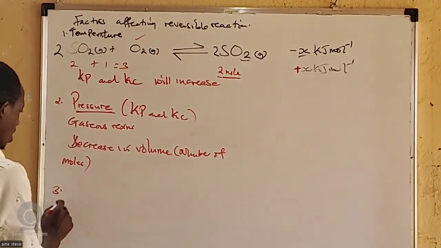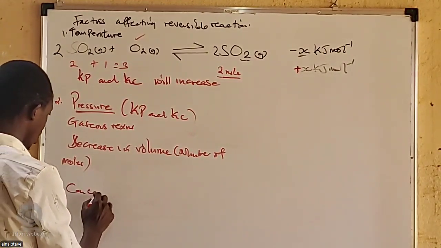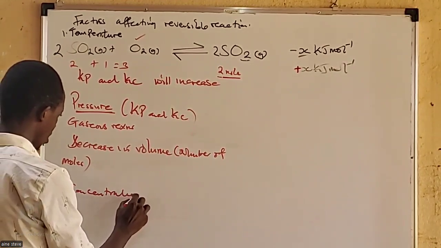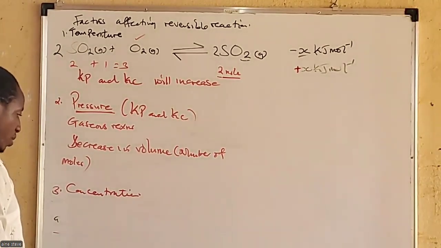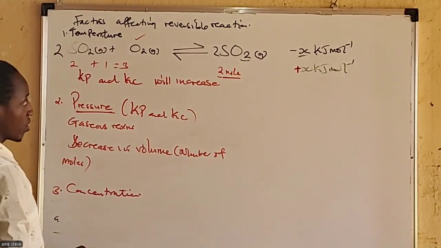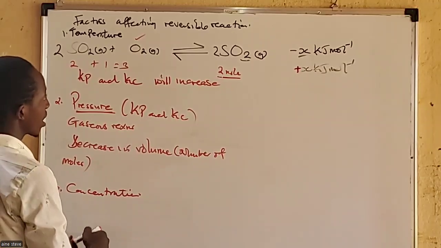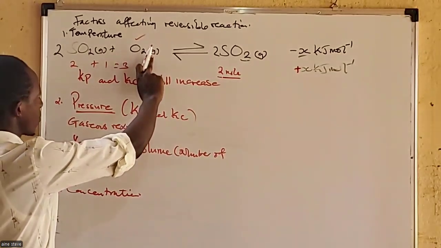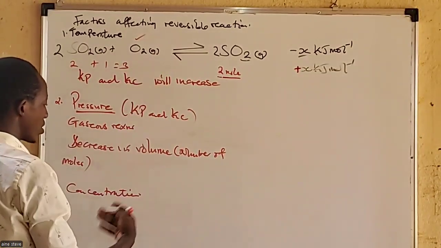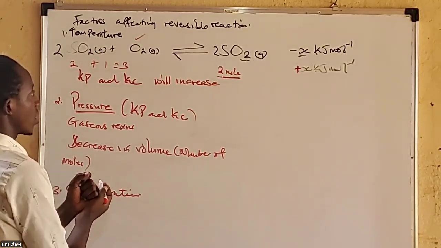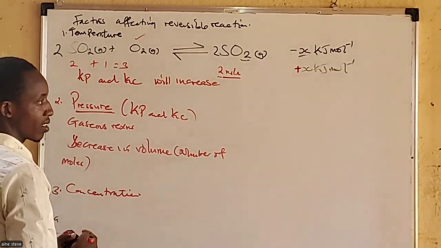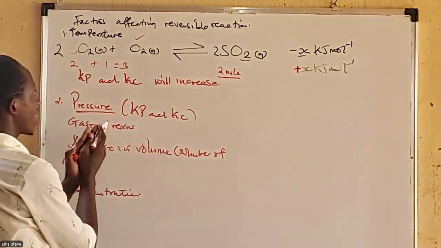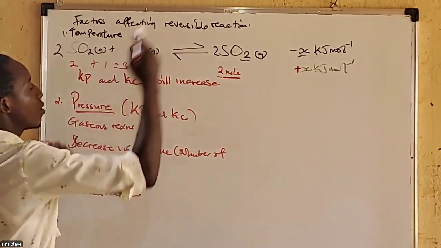Then the third one is concentration. According to Le Chatelier's principle, if you are given the equation, for example, this very equation given to us, when you increase the concentration of any of the reactants, what you have added always reacts to form the product.